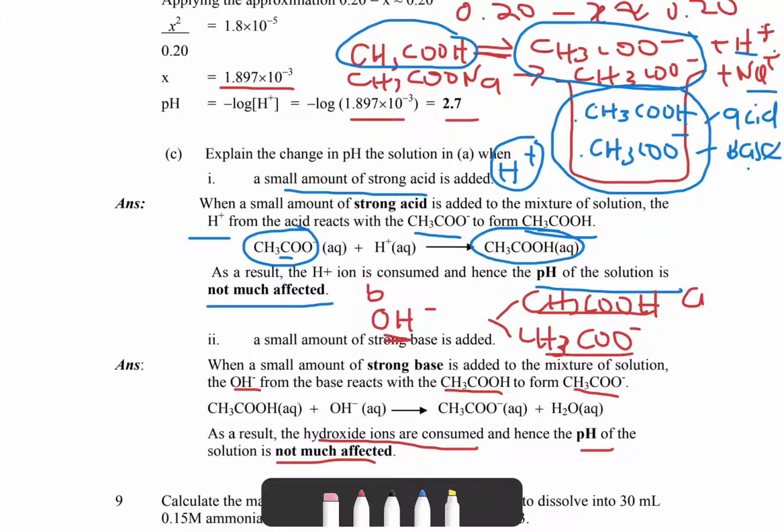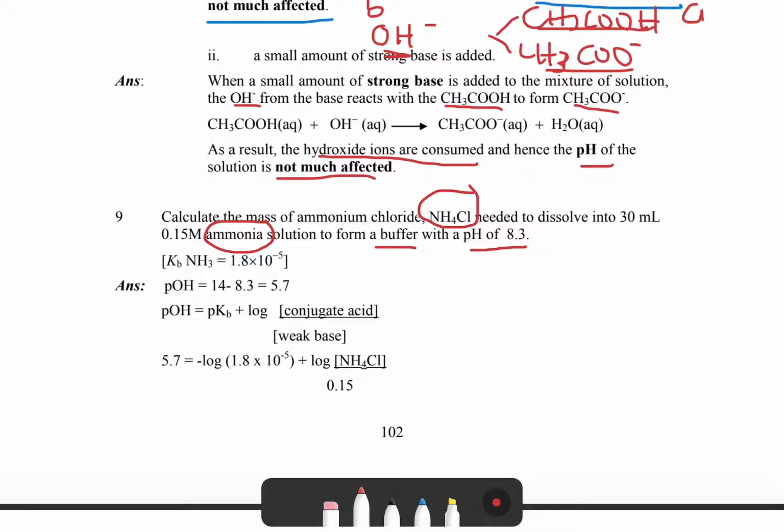Okay. So for basic buffer kita guna pOH. Because base dia punya concentration yang ada adalah OH. So ini pH dia. First you need to find the pOH first. So to find the pOH, 14 minus pH dapatlah pOH.